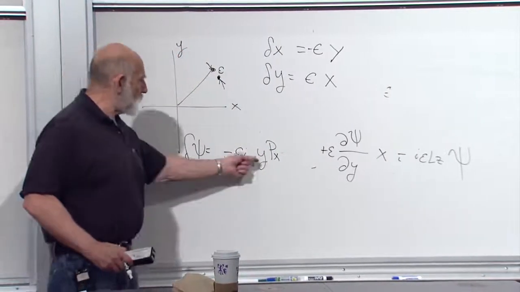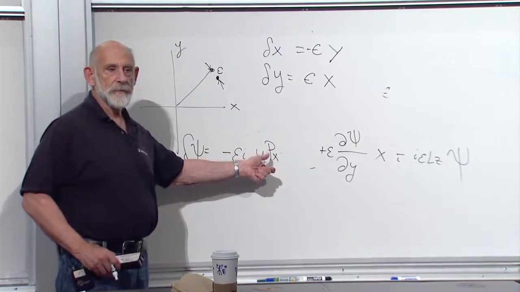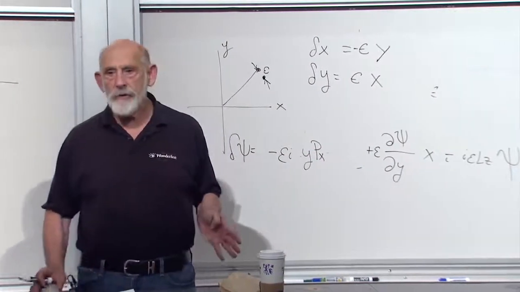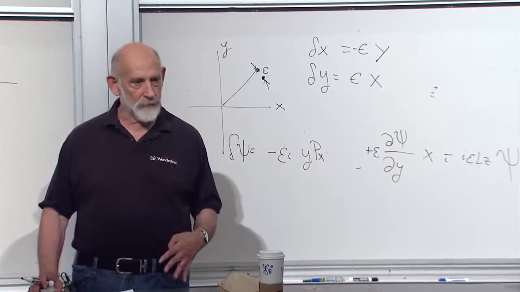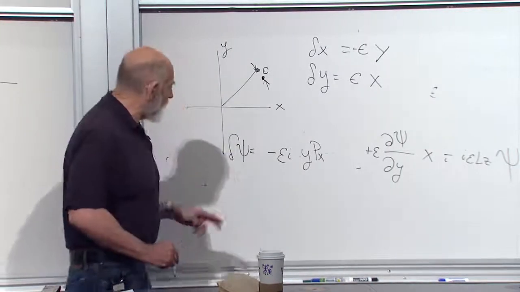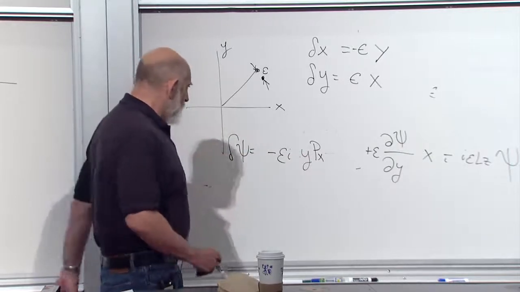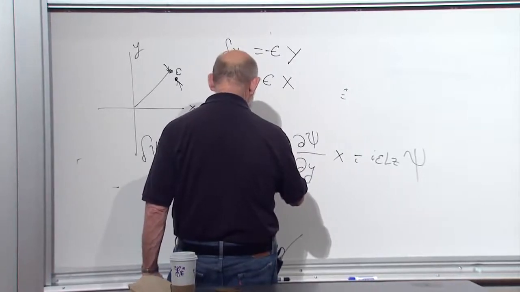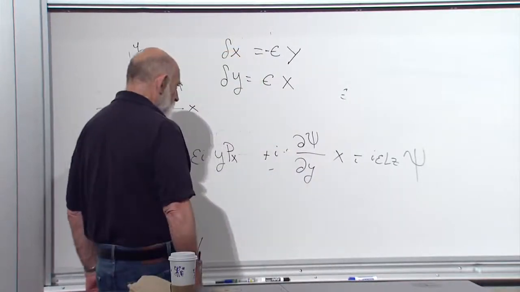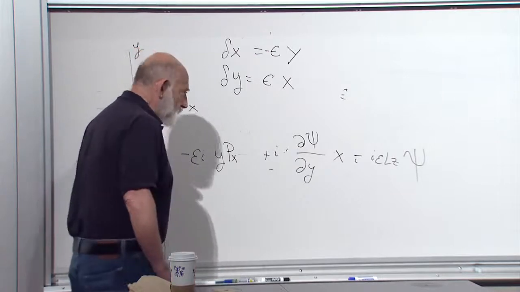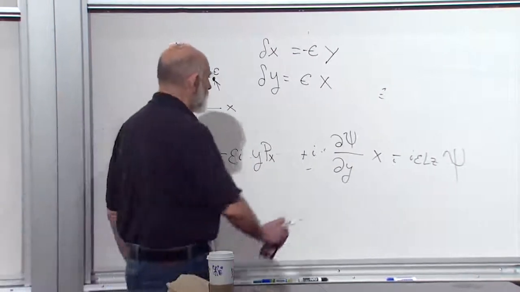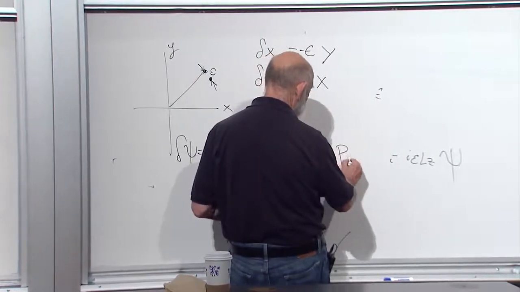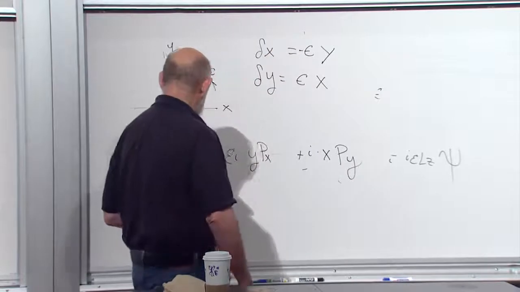Did it matter which order I put down y and px here? Do they commute? Yeah, y commutes with px. X doesn't commute with px. Y doesn't commute with py, but x commutes with py. What about this one? This one is plus i times x py.